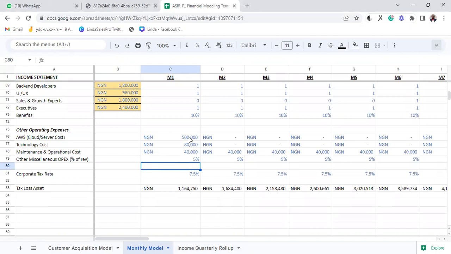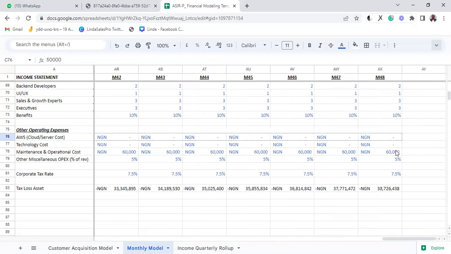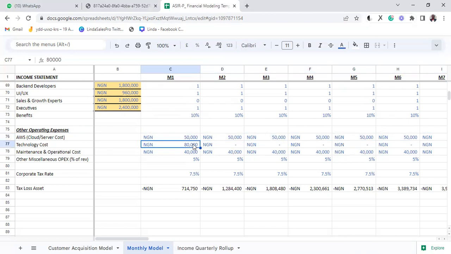I'm just going to assume that we spend 50,000 every month on cloud costs. Then we are paying some premium technology fees, CRM and all that, so let me assume we are spending 50,000 there too.